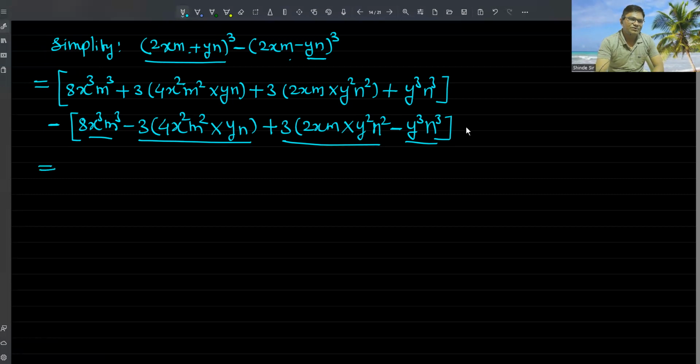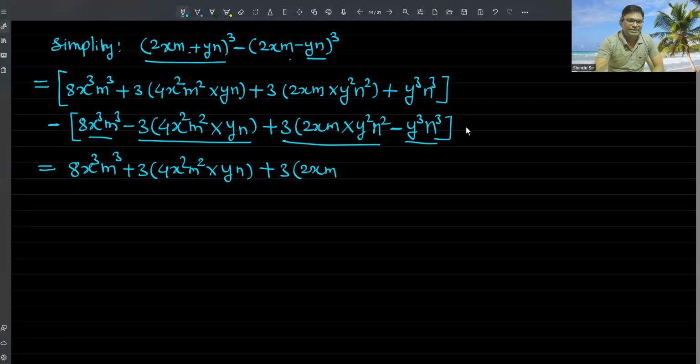The expansion of the first bracket will remain as it is, like 8x cube m cube plus 3 times 4x square m square times yn plus 3 times 2xm into y square n square, and lastly plus y cube n cube.